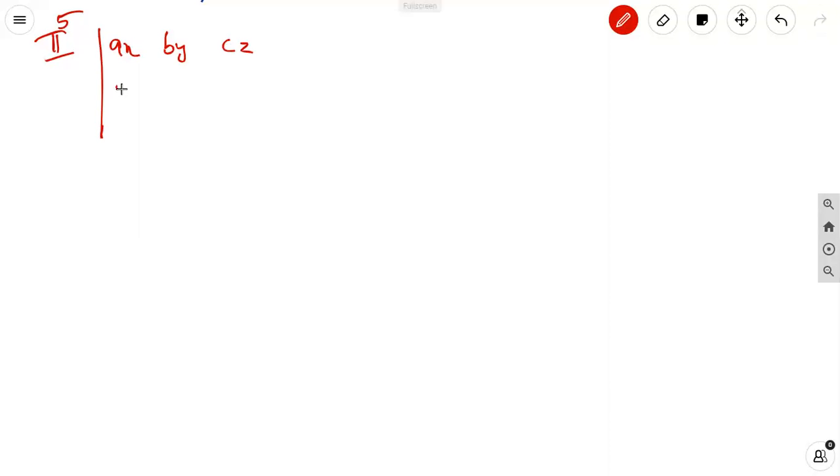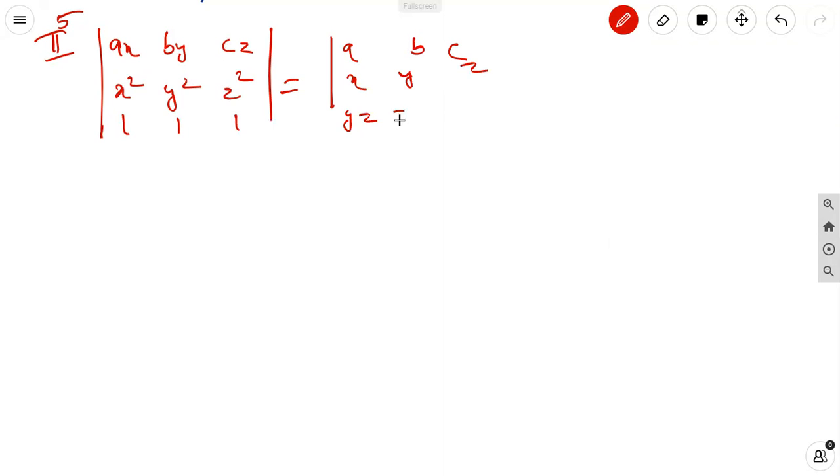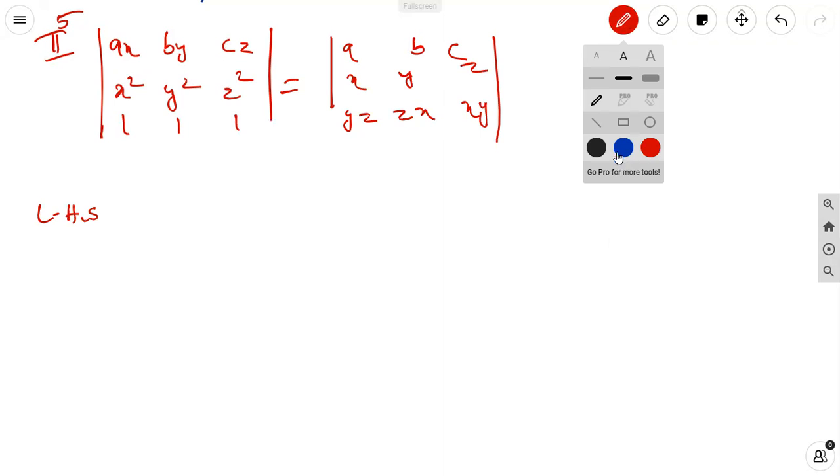Determinant ax, by, cz, x square, y square, z square, 1, 1, 1. We can show that it equals A, B, C, x, y, z, yz, zx, xy. See here the LHS part, just observe.